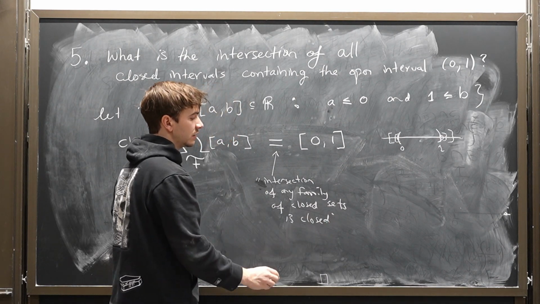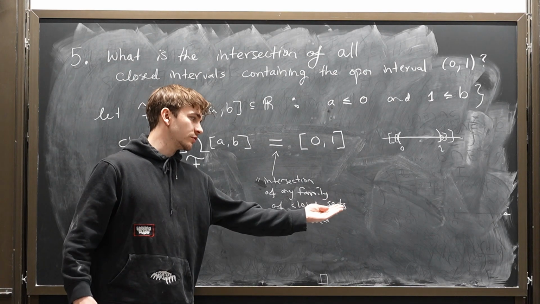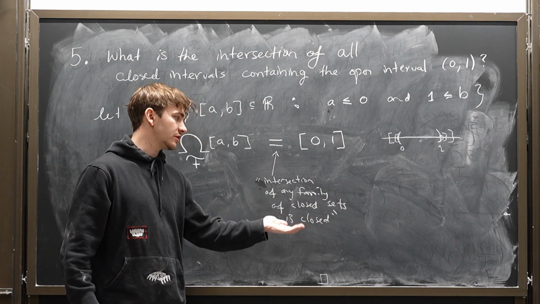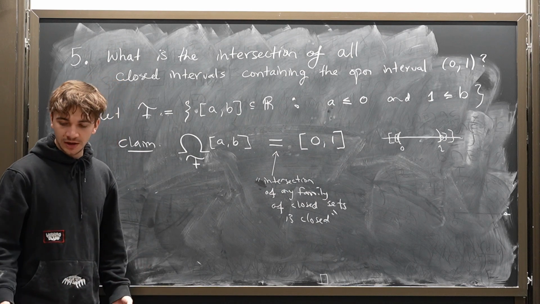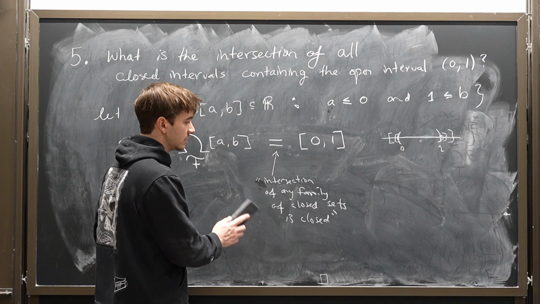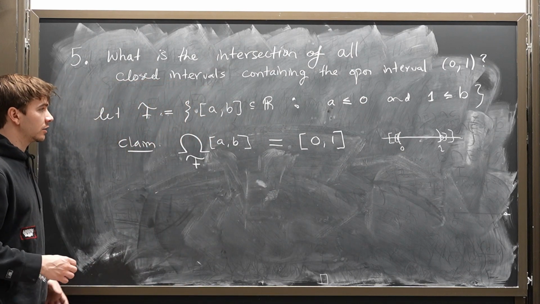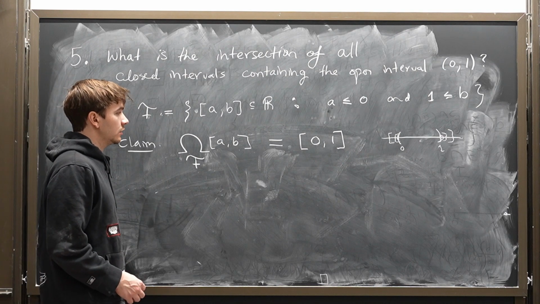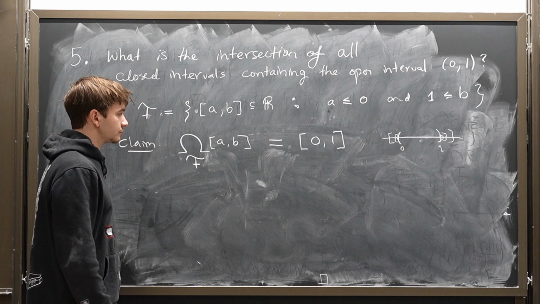Now, if you don't know what closed sets are yet, then just replace the word sets with intervals. So the intersection of any family of closed intervals is still closed. It's actually a good exercise to prove, and we probably will stumble across it at some point in our journey. So this is my claim. Now I need to prove this claim.